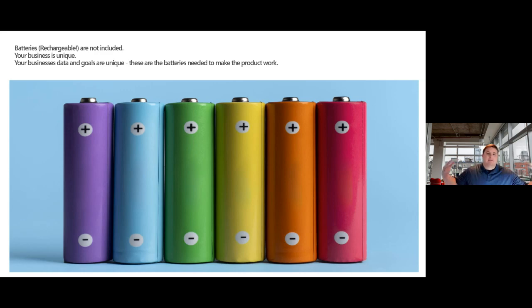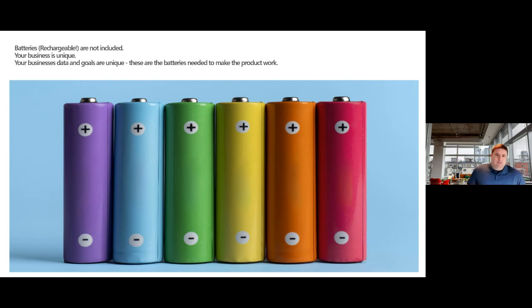So we cannot really deliver the functionality that you need until you start talking through the quote unquote batteries that are needed to be inserted into this application for your business. We boiled that down into 10 steps, which we'll get into. Those are the batteries that need to be inserted into the product.